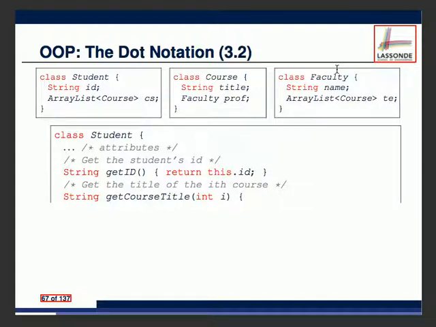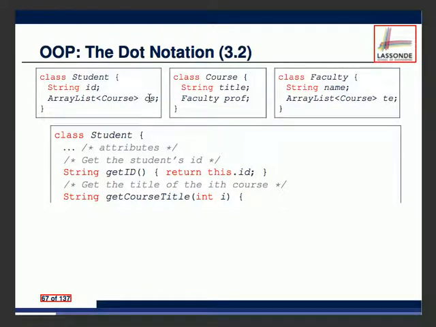Let's say if i is 0, when I say student.getCourseTitle(0), I want to get to the first registered course for the student and get its title. How do I define that over here? Return what? cs.get(i).title.